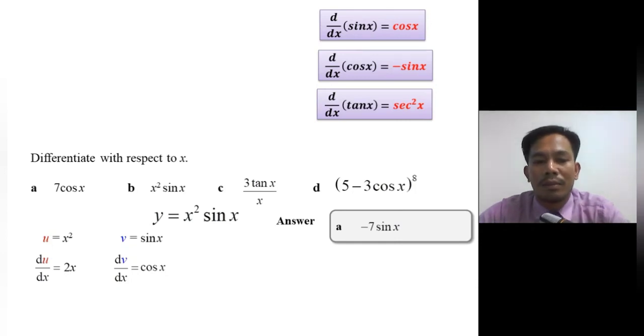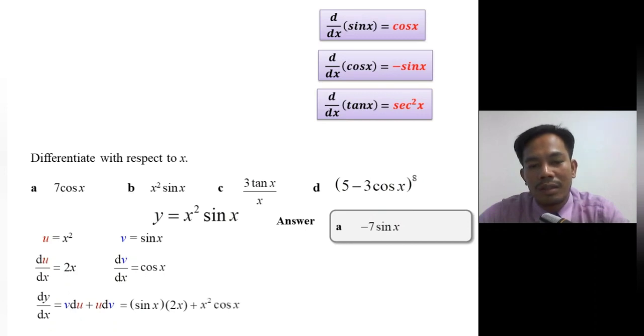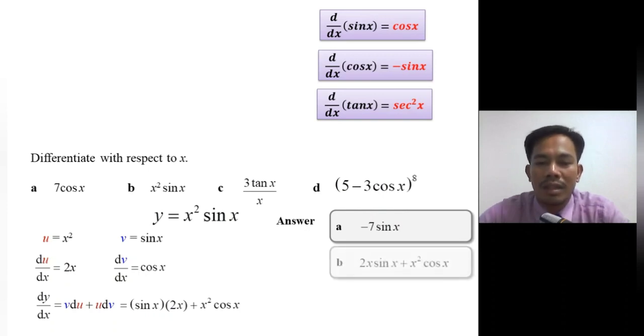Product rule says v du plus u dv. You just plug in: sine x times 2x plus x squared times cosine x. Therefore, the answer will be 2x sine x plus x squared cosine x.